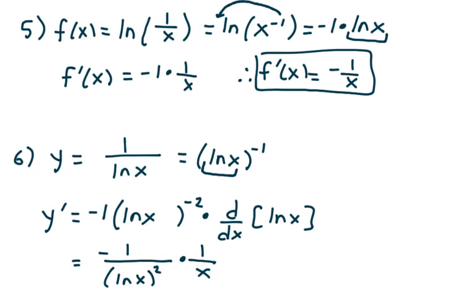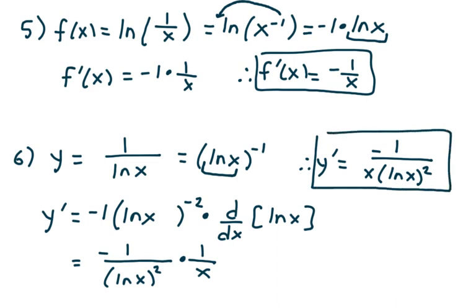So if I write down my answer here, y prime is negative 1 over x times natural log of x raised to the second, and I'm done. This is example 6.